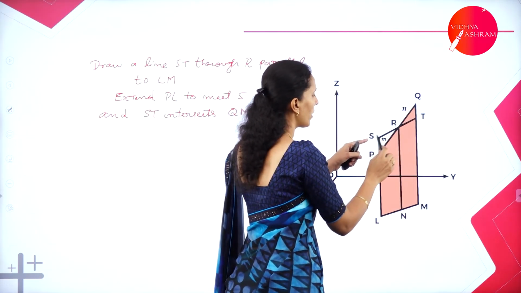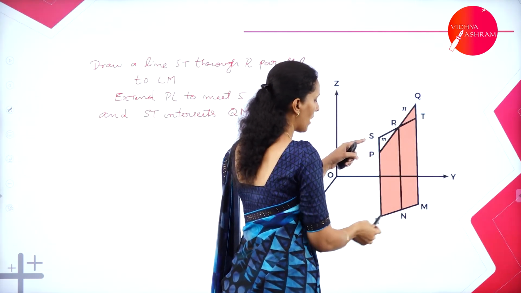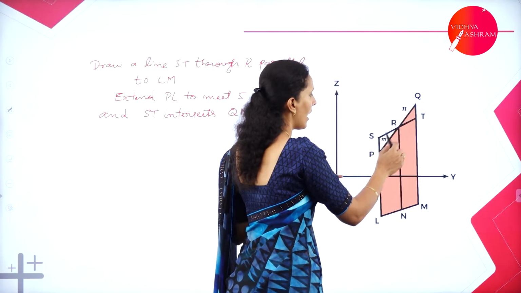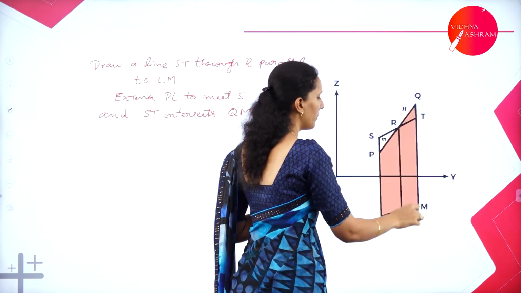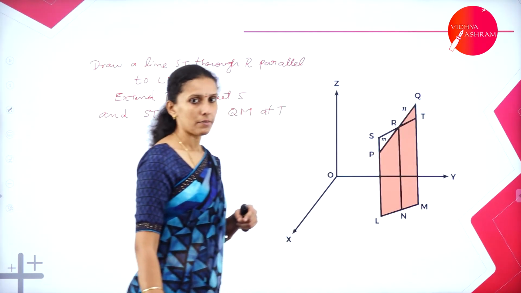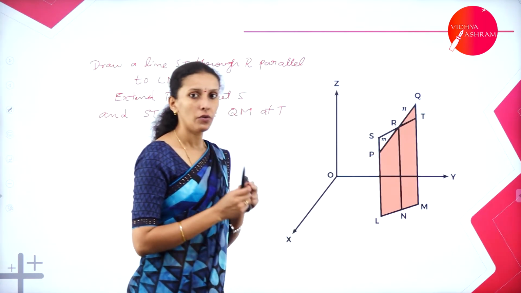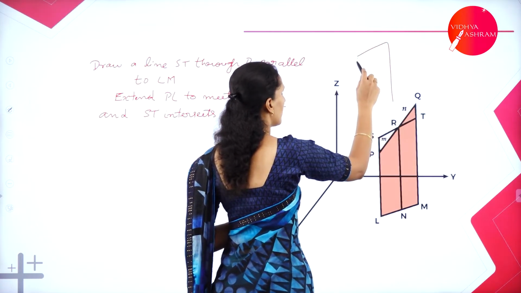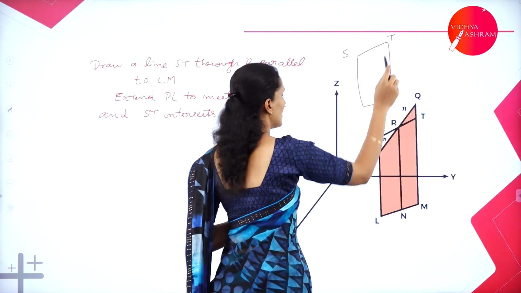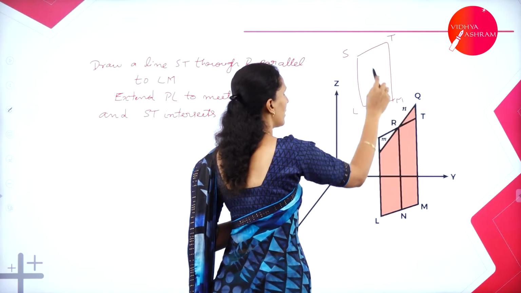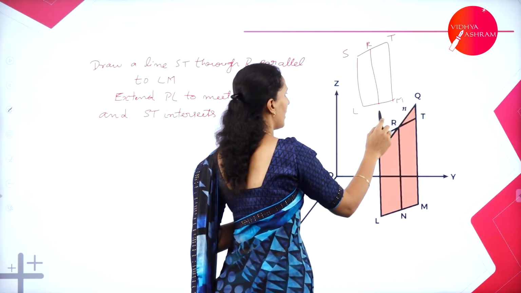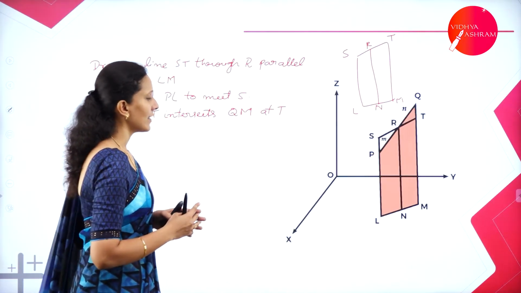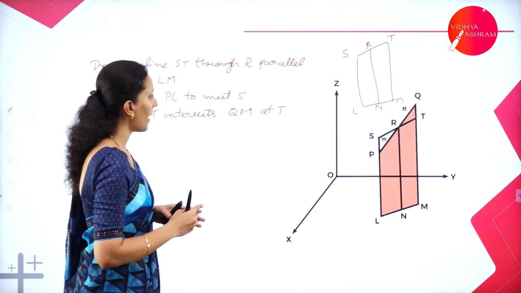We are going to draw a line through R, ST, which is parallel to LM. Since we have only PL, extend this PL to meet S, and this ST will meet the line QM at T. So after all these constructions, we can observe this portion, that is ST, L, M and here we have R and N. So all these form a quadrilateral and it is a parallelogram, since opposite sides are parallel to each other.